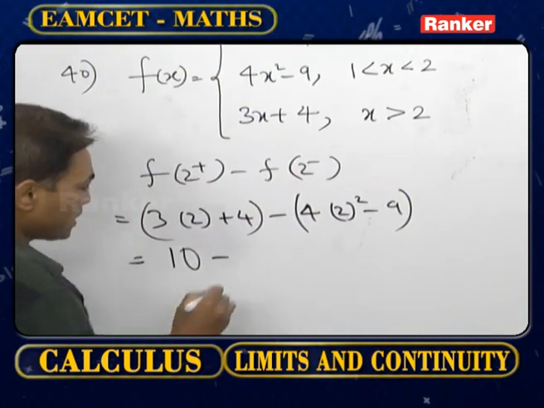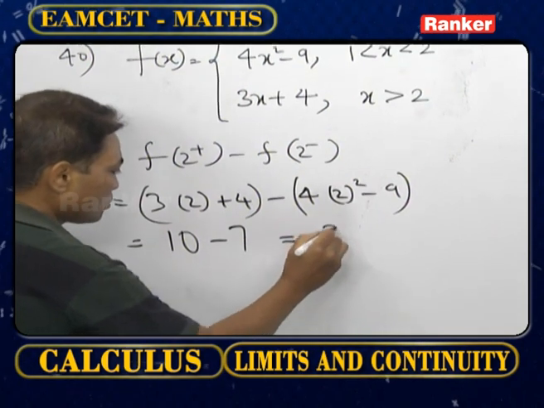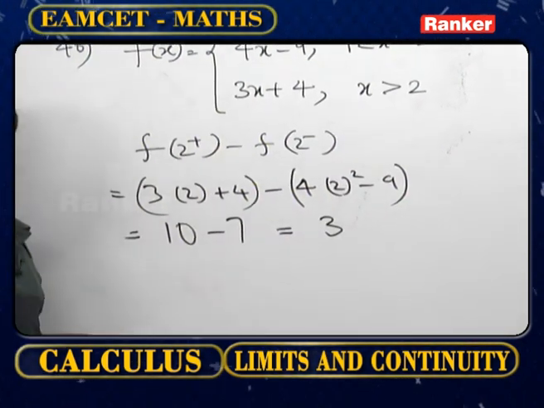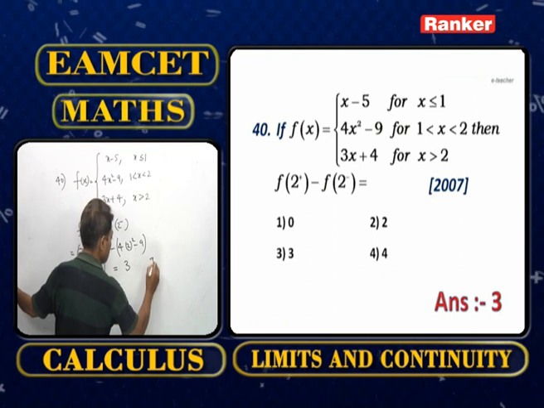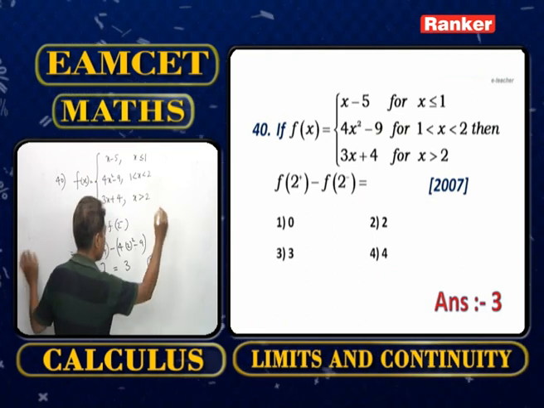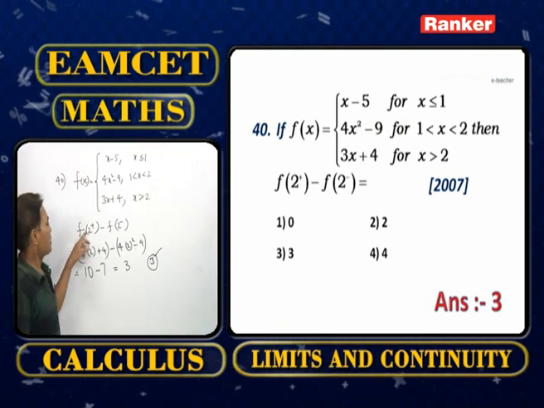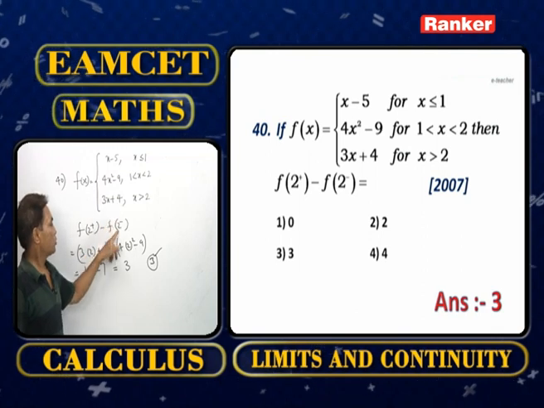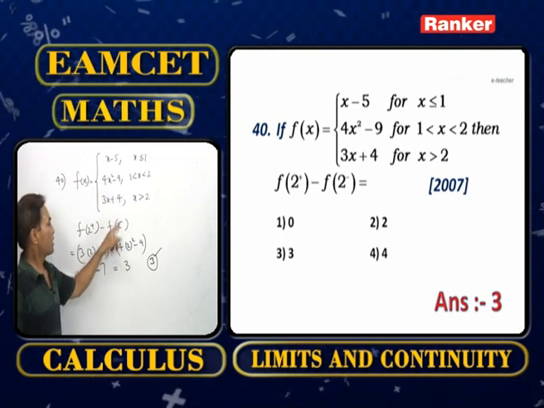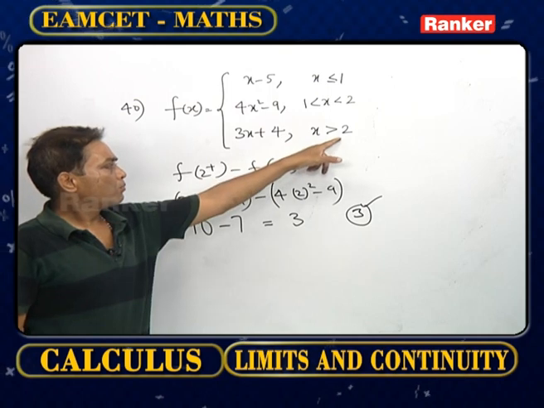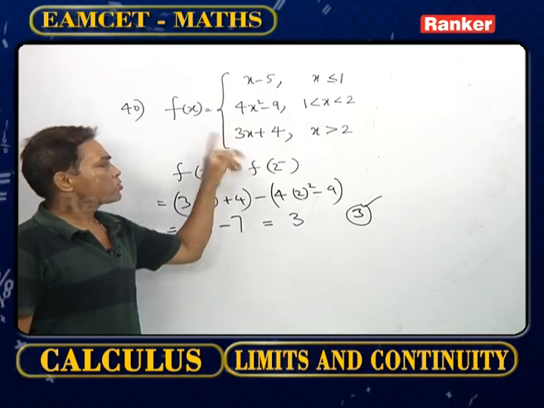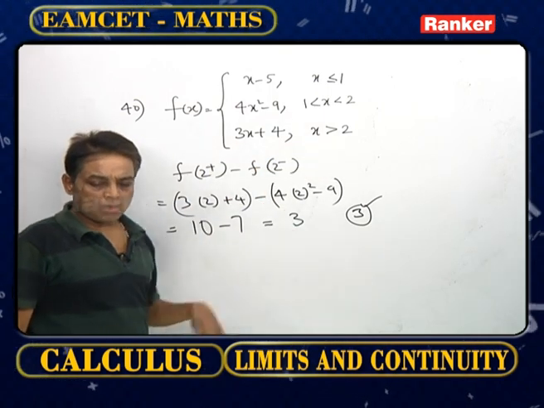This is 16 minus 9, 7. So, 10 minus 7, we are getting 3. That is the third option. 2 plus means right side, 2 minus means left side. So, 2 minus means use this one, and greater than 2 or 2 plus means use 3x plus 4. So, you got option 3.